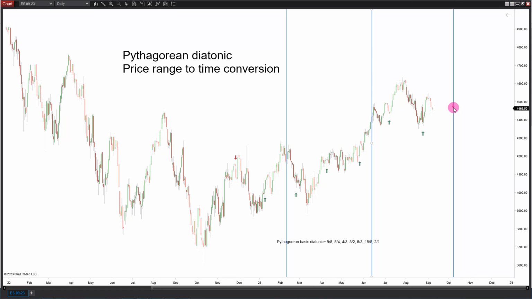You can set up your fib, time, and price tools to do this and extend these out automatically. Next time I will do a price example, but this is the very beginning basic concept of the Plato work. It was Plato, then Pythagoras. So that's it for this one. In the next video, we'll do a price example.